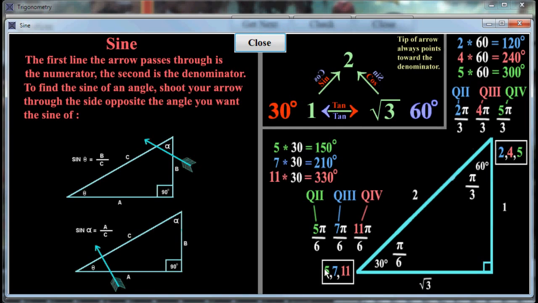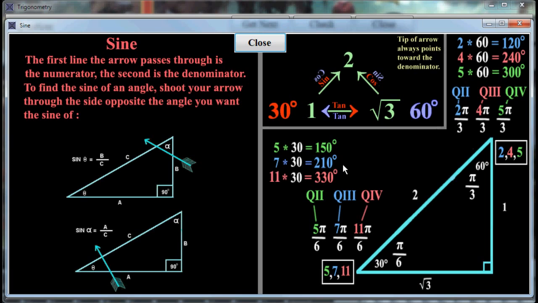The benefit of remembering these numbers is that they occur in the pi form of the angle, and they're also just multiples of 30. And 5 times 3 is 15. Add a 0, you got the angle there. 7 times 3 is 21.